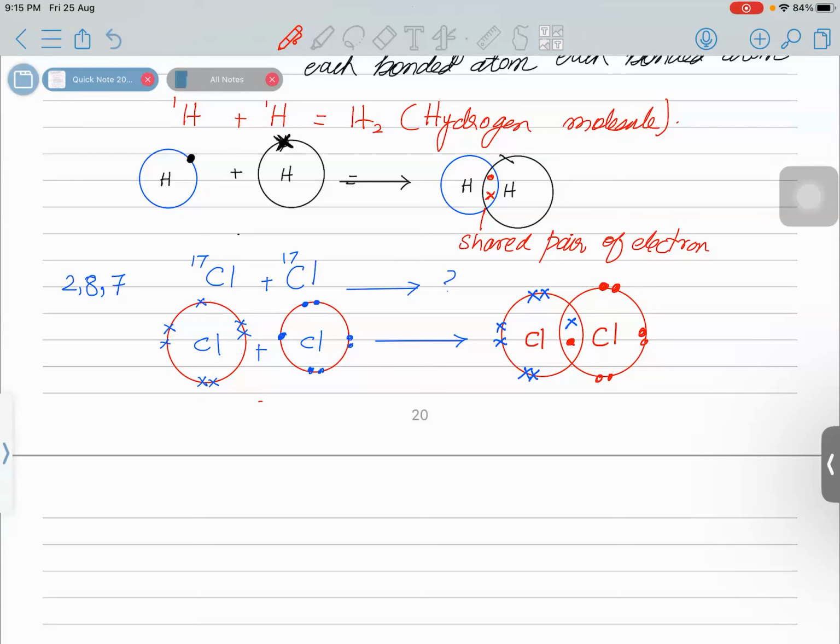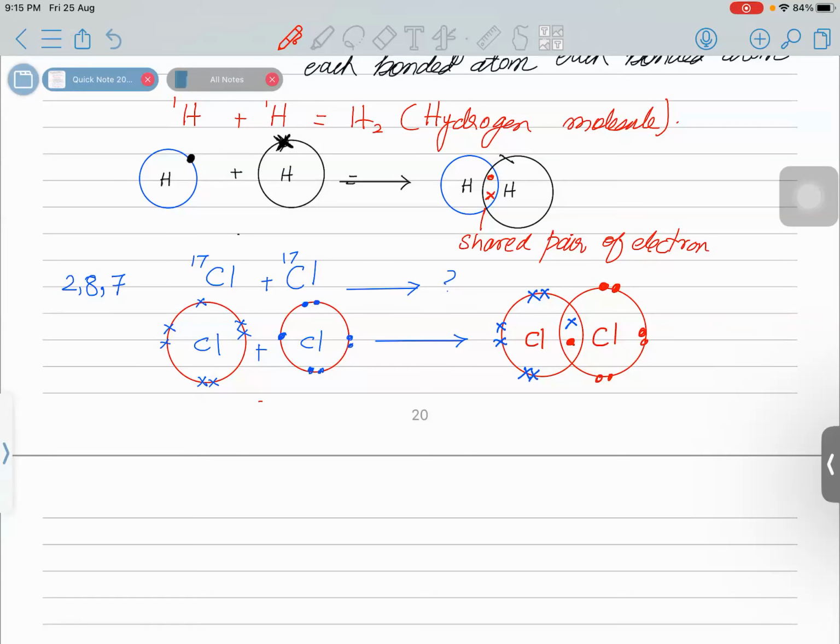Beta, are you getting my point or not? Yes, sir. But then shouldn't there be a dot or a cross for both of them because they're the same element? No, these are the same, right?